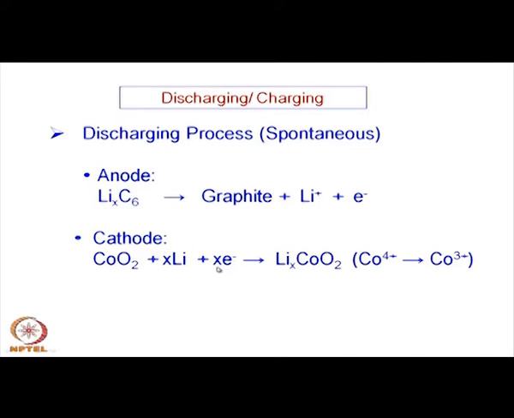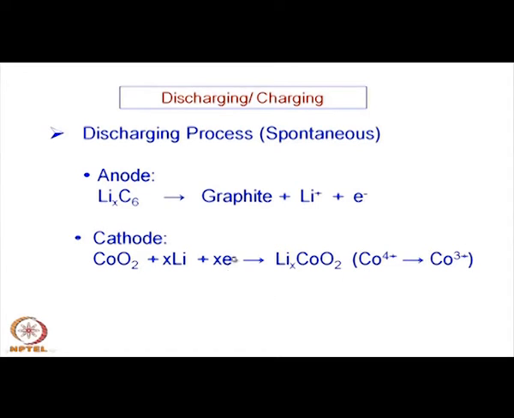Now, this additional electron which comes into the system actually changes the valency of the cobalt. That is how it gets accommodated into the structure, because cobalt is a variable valency, and therefore cobalt 4 plus changes to cobalt 3 plus.